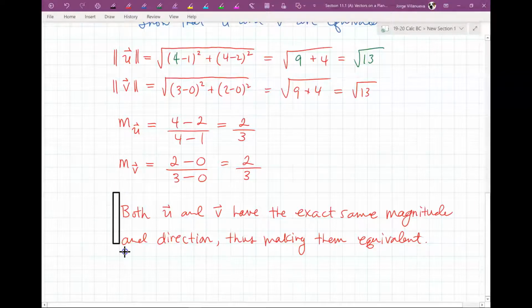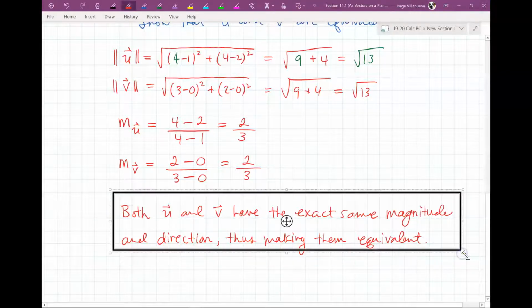So whenever they ask you to prove that 2 vectors are the same, you want to check magnitude, you want to check direction, and if they match up, then you got equivalence.